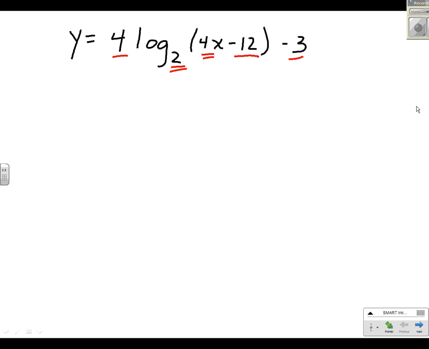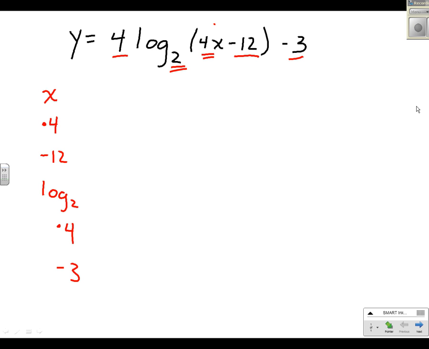But here's the process. We could choose a value for x, and once we chose the value for x, our next step would be to multiply it by 4, then subtract 12, and then at that point we would take log base 2 of that result, multiply that by 4, and finally subtract 3.